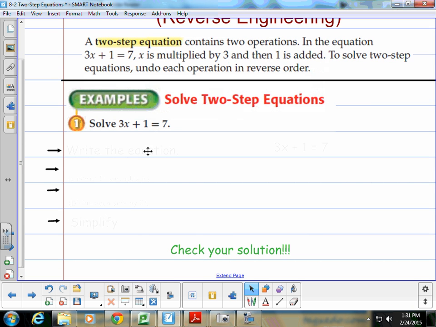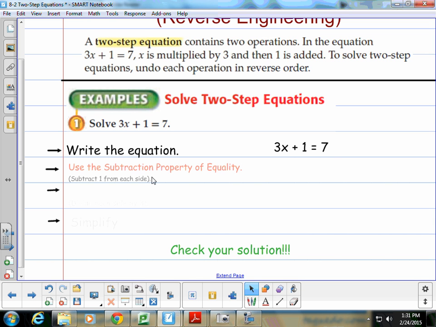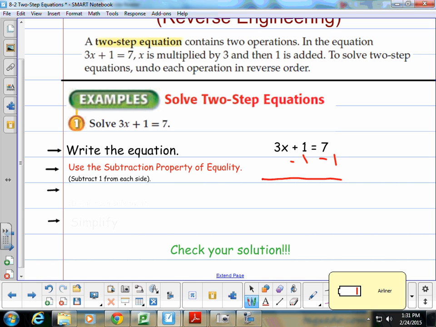Solve the two-step equation. To do this, you first write the equation. Then you're going to use the subtraction property of equality to show that you can subtract 1 from both sides. So you're going to do -1 and -1 from both sides, which is then going to equal just 3x equals 6.